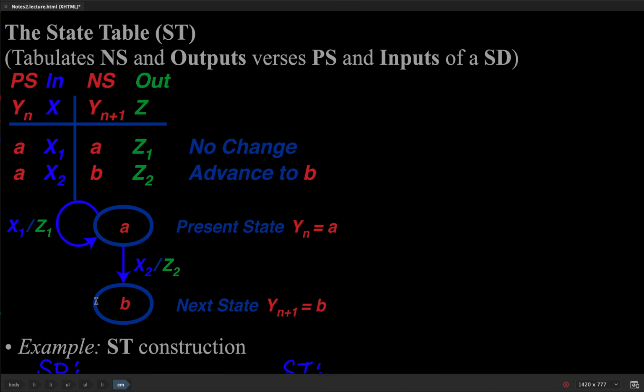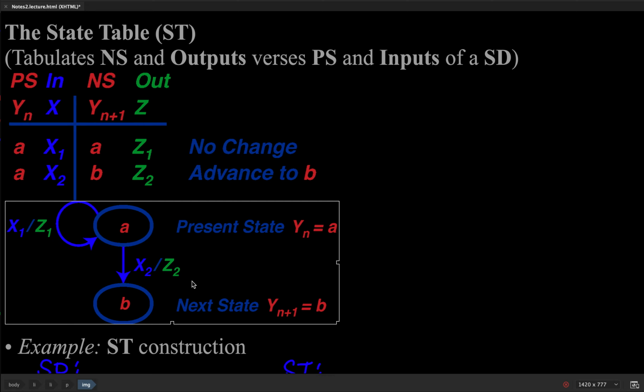Now, associated with the state diagram is a state table. I've repeated the state diagram here, and I want you to see that for these two states, A and B, showing only the arrows associated with A, there are two. Each of those two arrows is represented by these two rows.